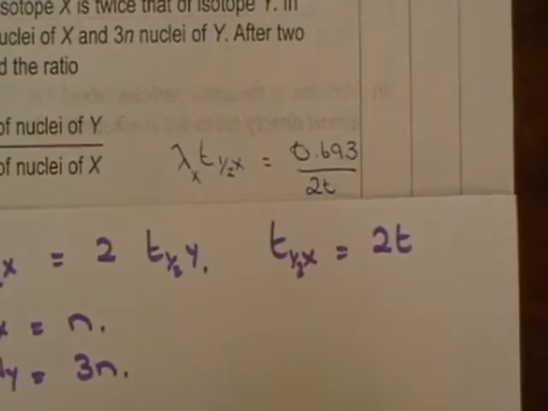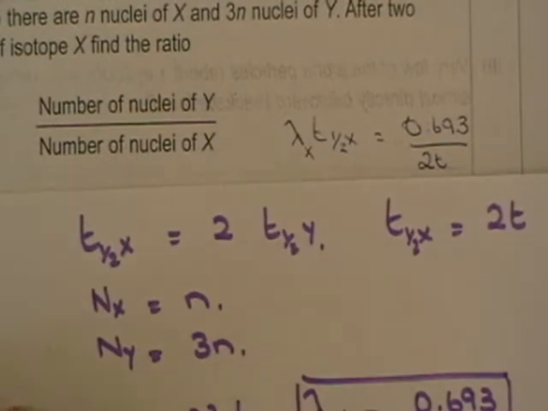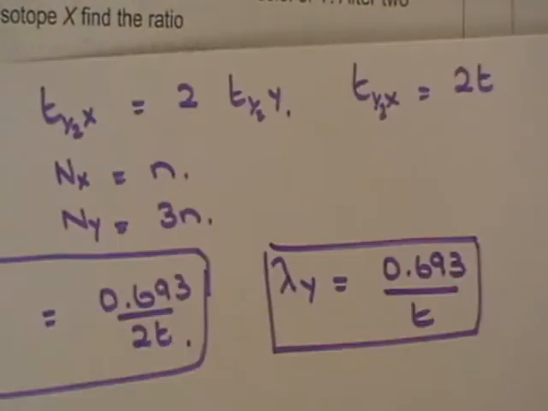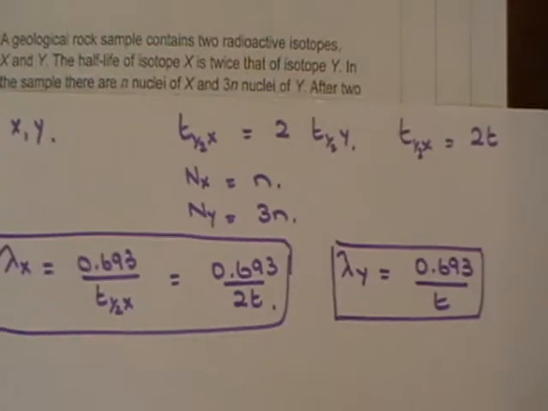Then the radioactive decay constant of Y is just 0.693 over T. So we've got 2 equations there for that. I'll just scan out a bit so you can see it better.